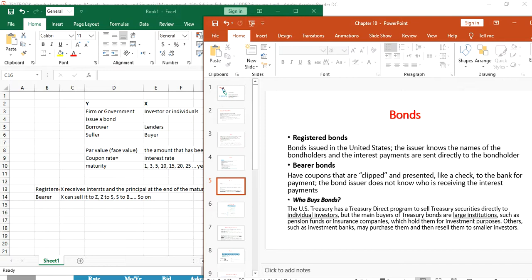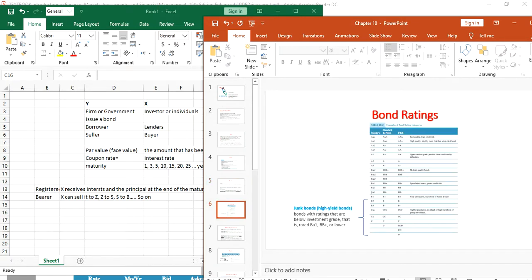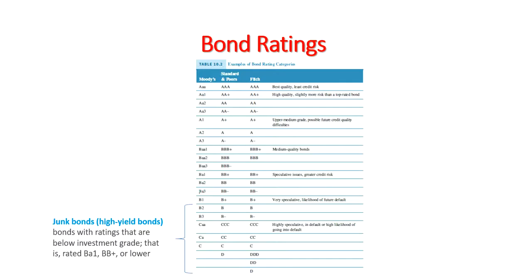So as we said, bonds will be ranked. What do we mean by that? Moody's and Standard & Poor's. There are categories for ranking. These agencies, Fitch, Standard & Poor's, and Moody's, categorize the companies, the borrowers, those who want to raise funds.